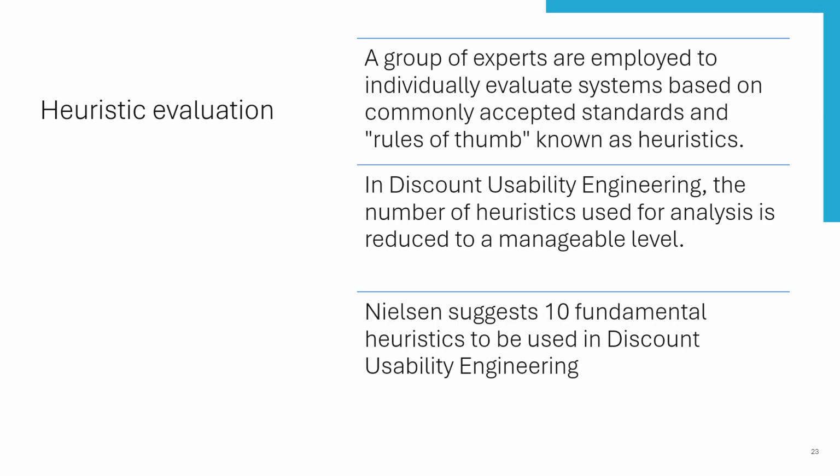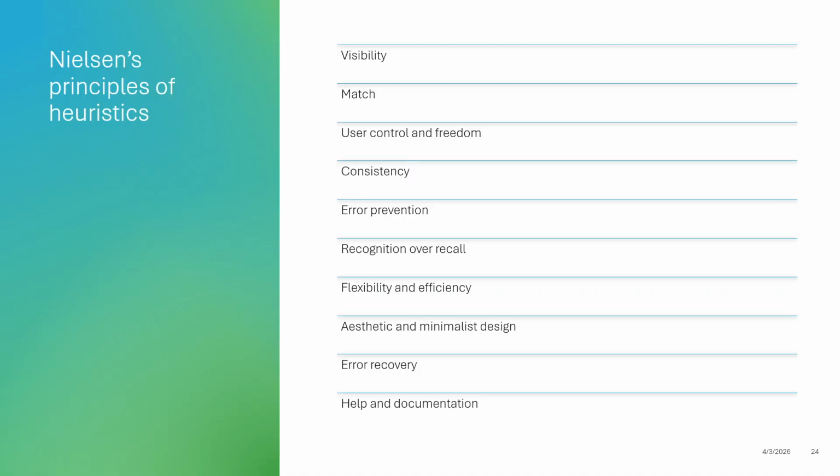Then the heuristic evaluation is when we have a group of experts who evaluate the system using rules of thumb. Those rules of thumb are what we call heuristics. The original set has 10 fundamental heuristics, but they have been expanded. The heuristics created by Nielsen start with visibility.